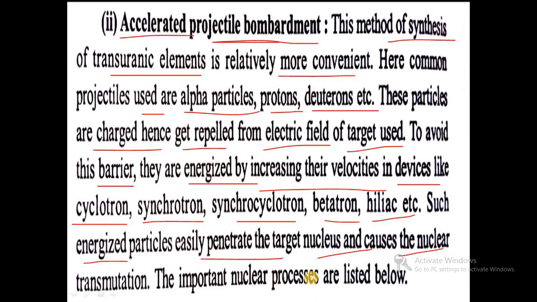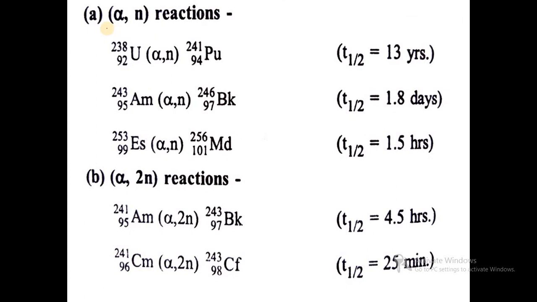The important nuclear processes are listed below. First, alpha-n reactions. When uranium 92-238 is bombarded by alpha particles and the ejectile is a neutron, we get plutonium 94-241, that is two numbers higher.